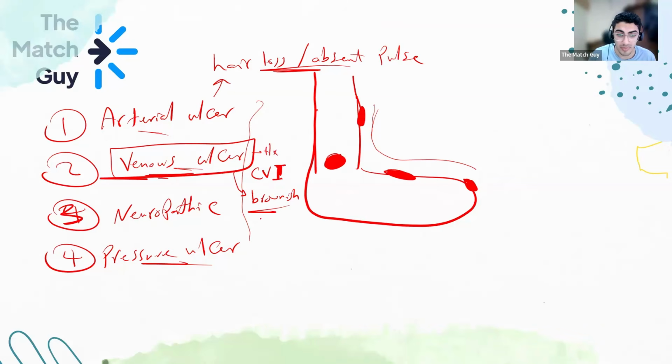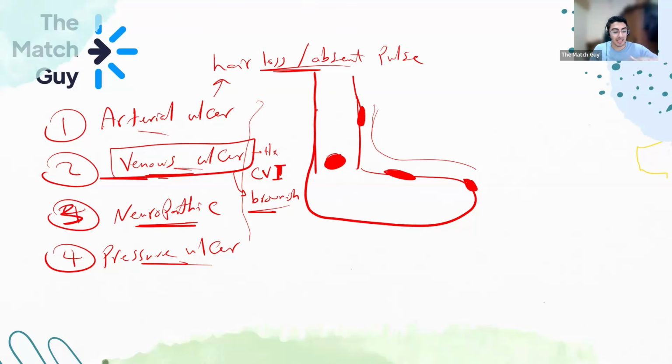All right, what about neuropathic ulcer that happens in patient with diabetes? So patient with diabetes, mostly they have peripheral neuropathy. And any patient with peripheral neuropathy, when he walks, he can't feel his feet hitting the ground. That's why they will start walking like this, so that they can feel the ground.